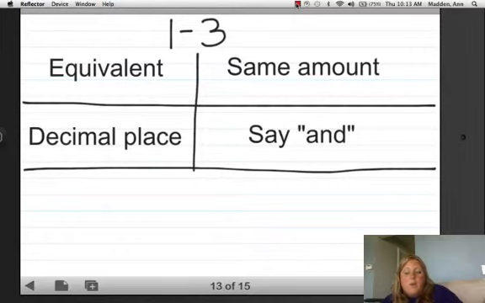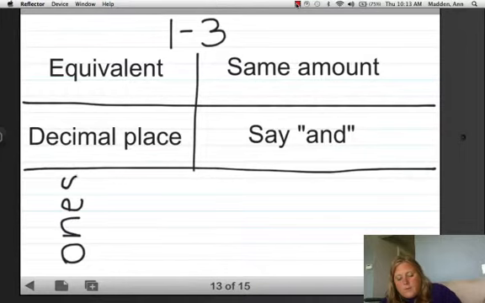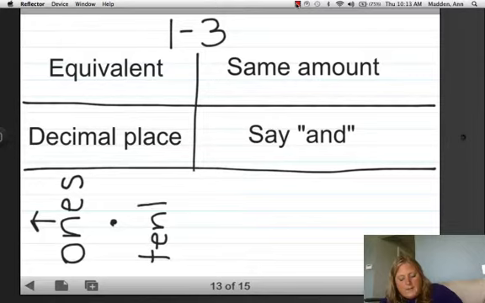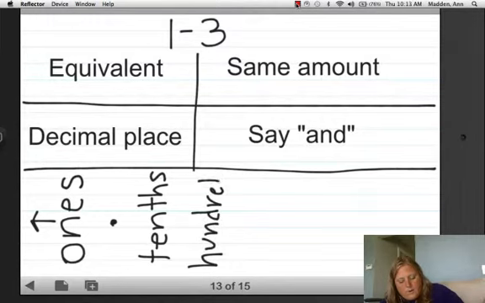At the very bottom, we're going to be filling in a quick place value chart. I'm going to turn this sideways and write it like this, because our first one is our ones place. And of course, we know farther this way goes the tens, the hundreds, the thousands. And then we've got the decimal place. Right next to the decimal place, we have the tenths. Then we have the hundredths. You might have to write a little smaller.